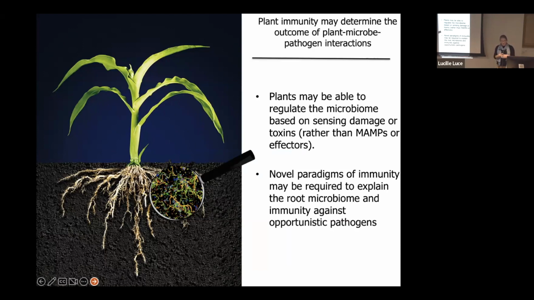But I think we really haven't considered what immunity looks like in roots. Given that all of these members of the microbiome have similar MAMPs, they may not have effectors. I think we need to start thinking about maybe some new paradigms. So how is it that plants could actually sense and regulate commensals to result in a community that's beneficial?